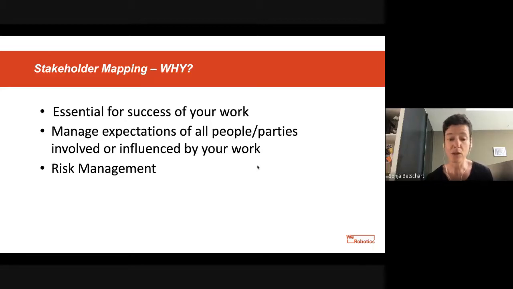Because first and foremost, it will allow you to better manage the expectations of all the people and all the parties that are involved or influenced by your work. Everyone will have very different expectations. So to be able to align, to understand the expectations and to manage them, we have to know who, again, will be impacted directly or indirectly by the work.